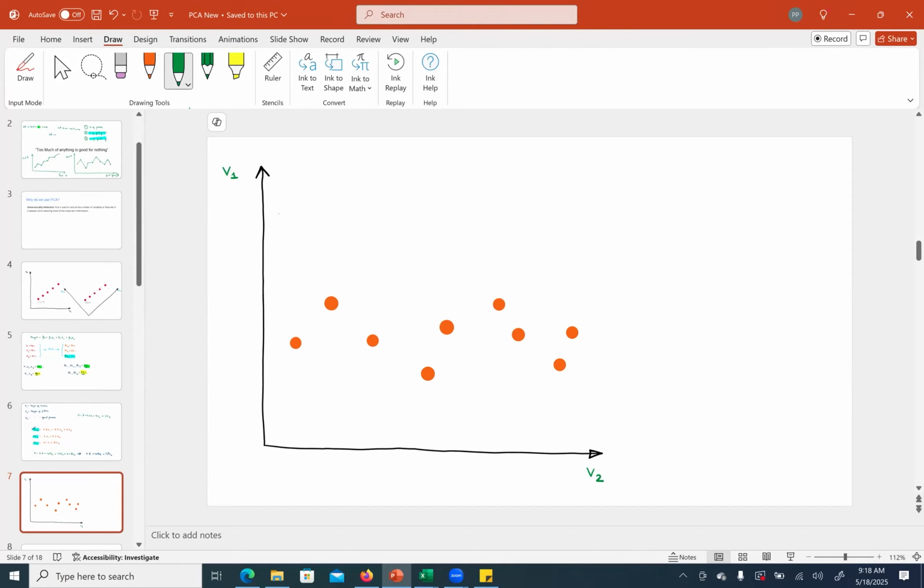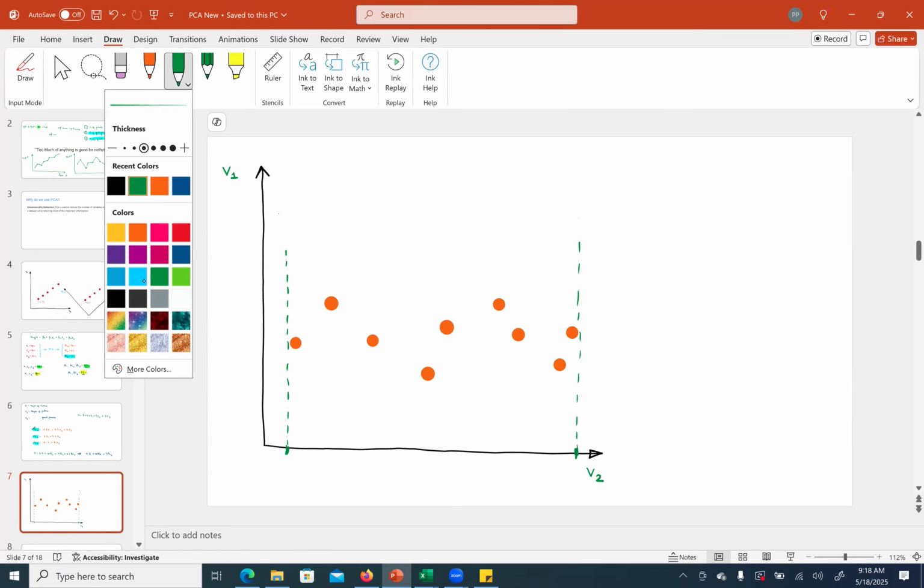Now, if I look at the range of variable 2, the range of variable 2 is from this point to this point. This is the minimum and maximum value of variable 2.